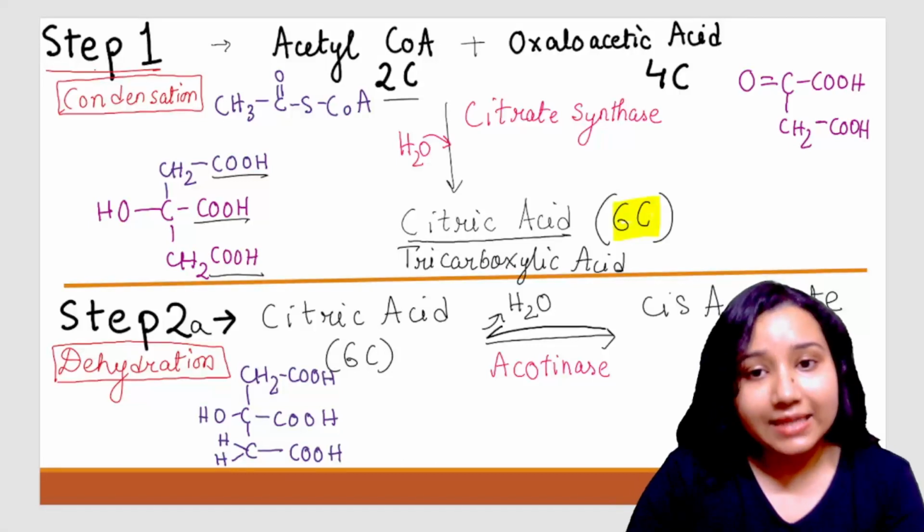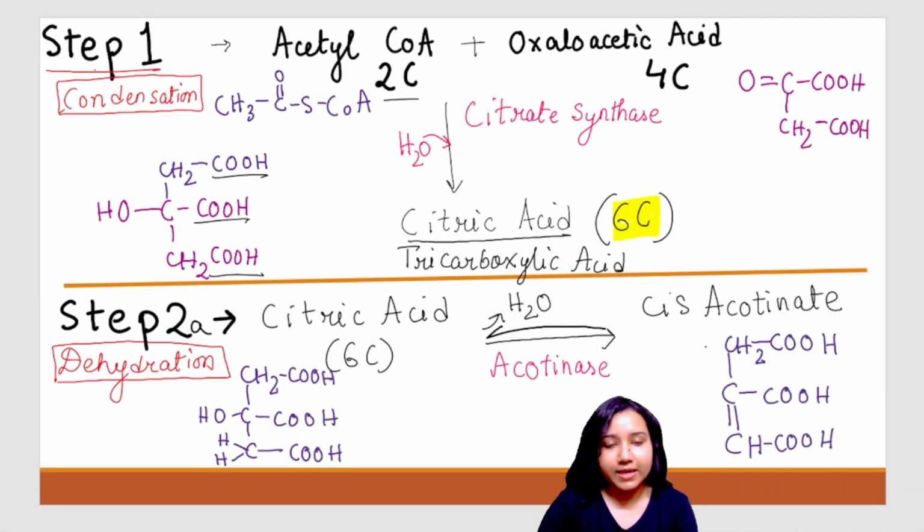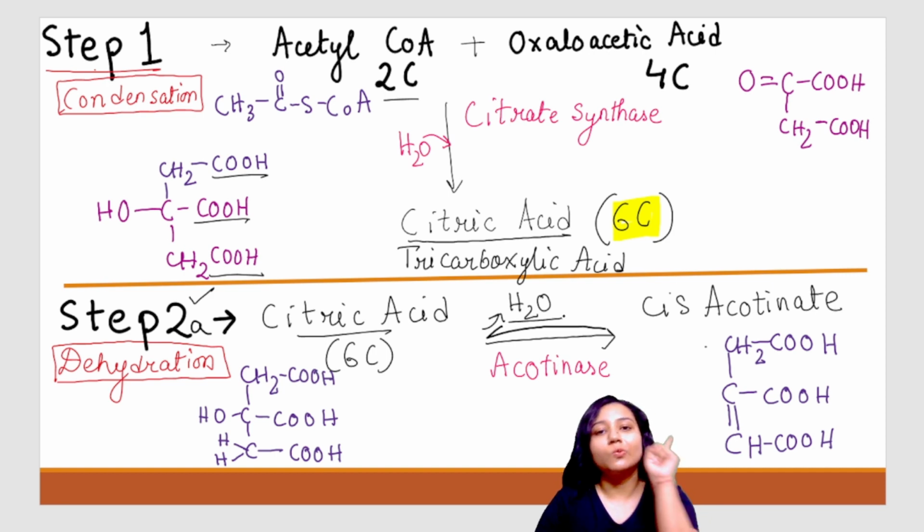Now, let us focus on our second step, class. In the second step, there will be a dehydration. We shouldn't dehydrate ourselves, we should hydrate ourselves. But here we can see citric acid. From here, there will be removal of H2O, meaning one H plus and one OH are removed.